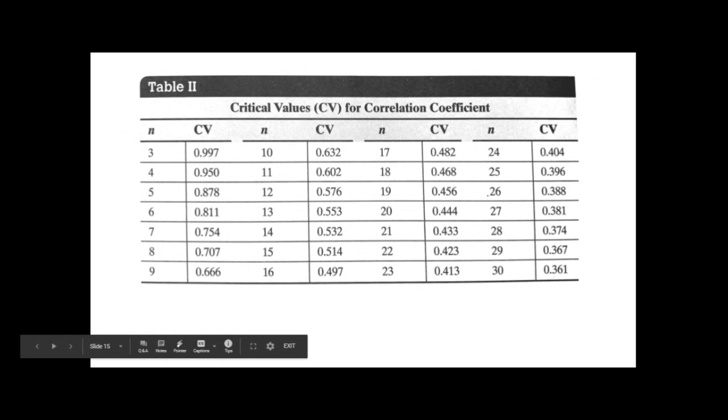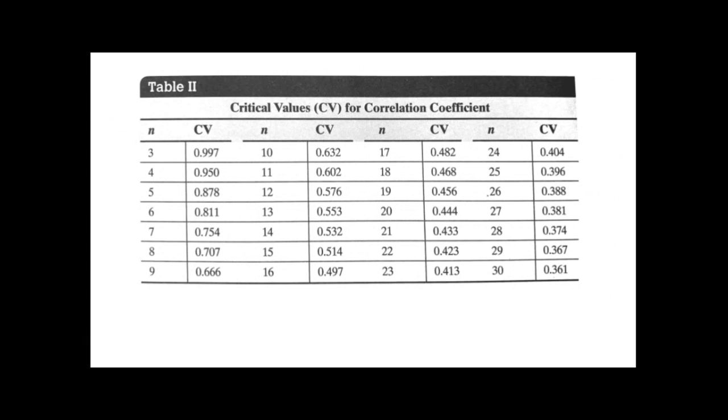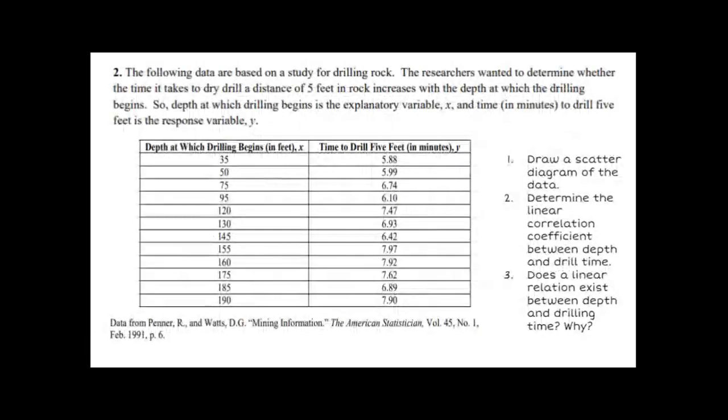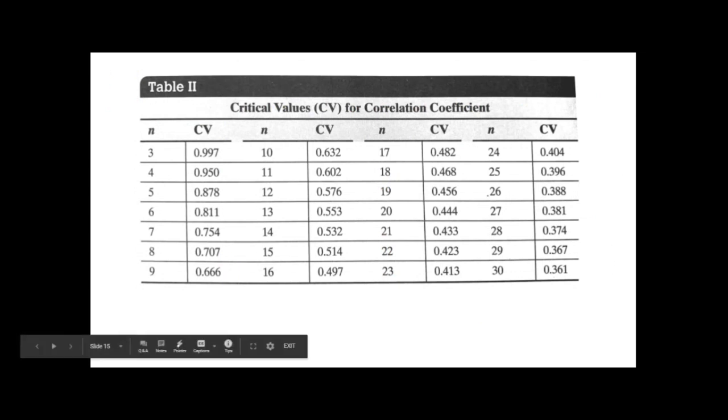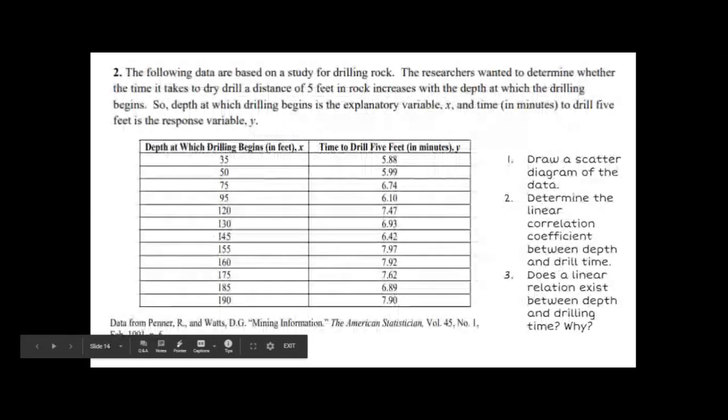How many data do we have? 2, 3, 4, 5, 6, 12. So when we look at the table, n is equal to 12, and the critical value is 0.576. So we can answer question number 3 by using that table.